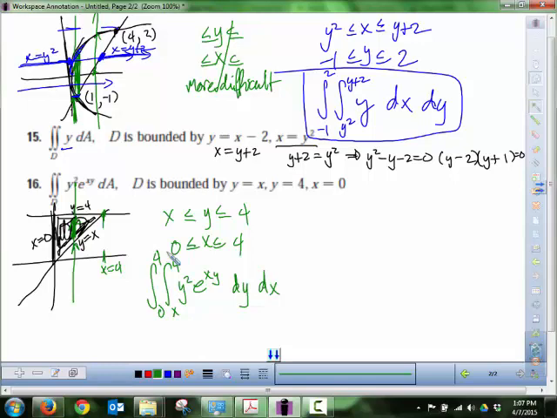So do I want to integrate with respect to y first? No. It looks like there's a y as an exponent and a y in a polynomial, so you're going to have to use integration by parts a couple times. So maybe we'll try it the other way and see if that's going to be any easier.